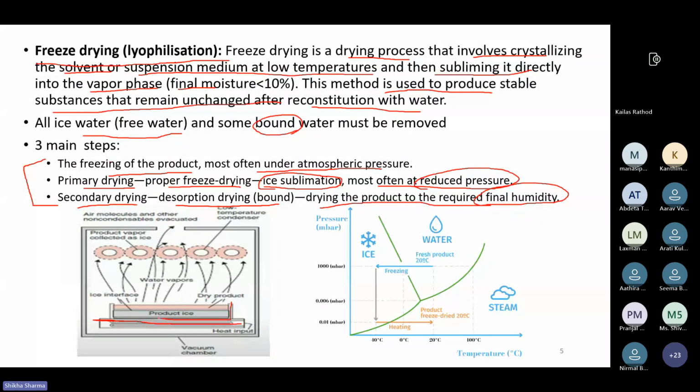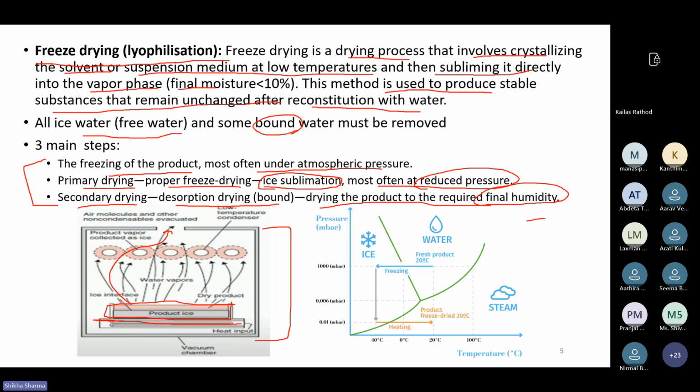This is our food product, which is placed on some metal, and that metal provides the heat through conduction. All this is happening in the vacuum chamber. So in the vacuum and mild heat, the water evaporates from ice directly to water vapor, and water is removed from the product.